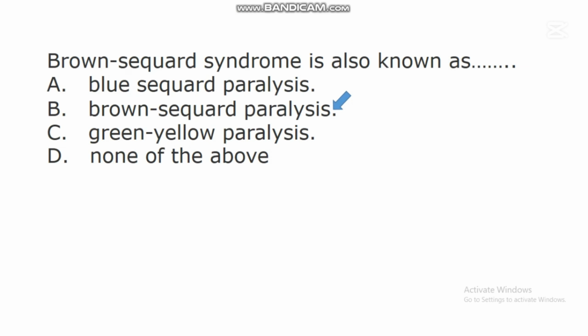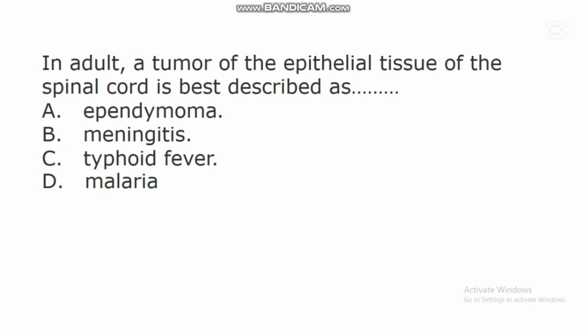The next question says, in adults, a tumor of the epithelial tissue of the spinal cord is best described as dash. A. Epidymoma, B. Meningitis, C. Typhoid fever, D. Malaria.